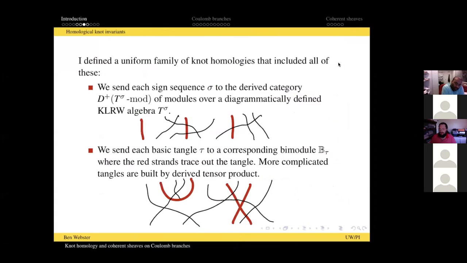One thing you might be tempted to do is to say, attached to a braid, I have a functor from a category to another category. If I can close that braid up, the two categories will be the same, so what I should be doing is taking Hochschild homology of that bimodule. That's actually wrong.